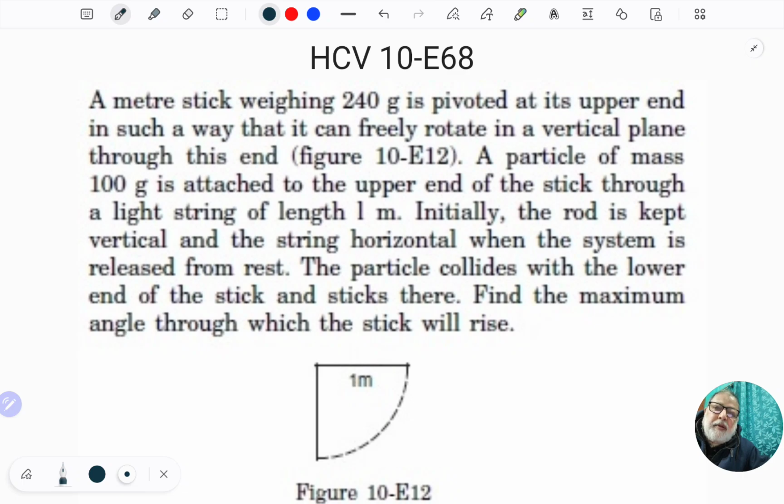This is the first volume, 10th chapter problem, exercise 68.